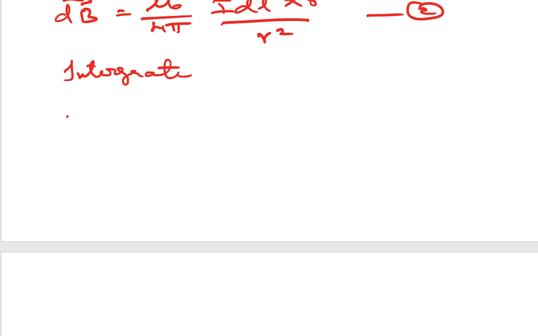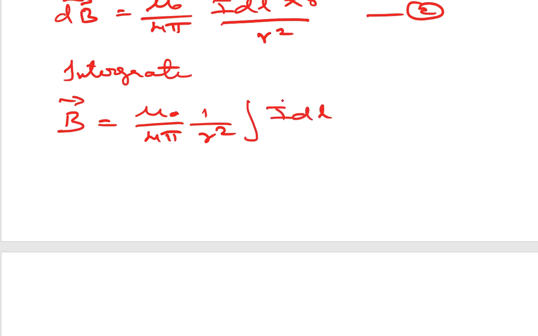If you integrate, you will get B vector equal to mu naught by 4 pi, and we can take this r square out. So 1 by r square integration over I dl cross r cap. Let it be equation 3.